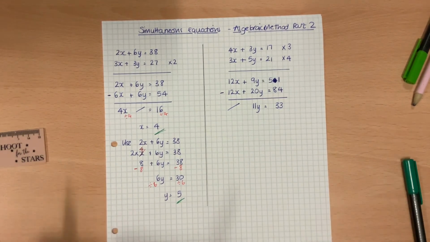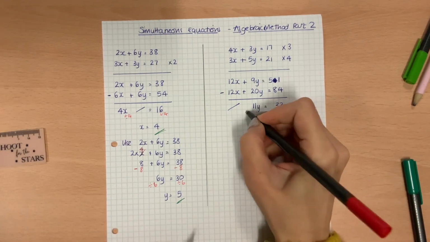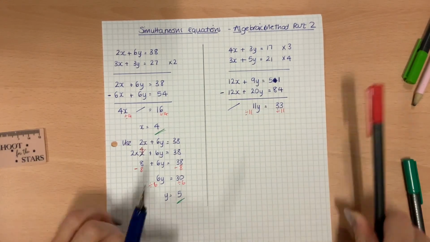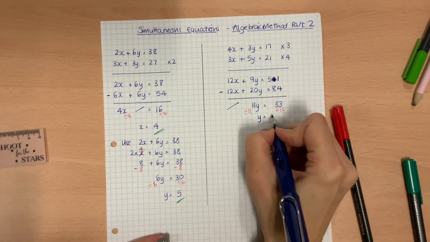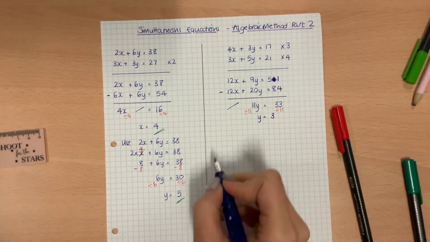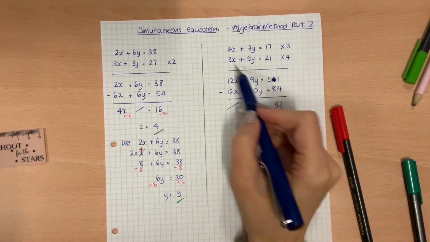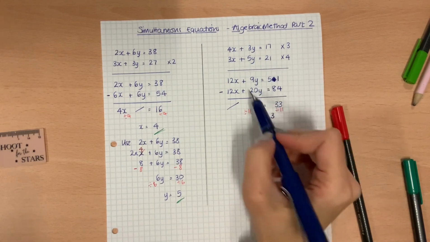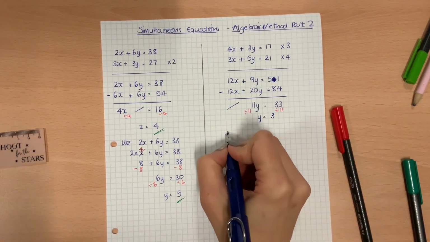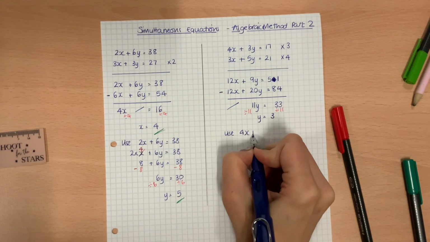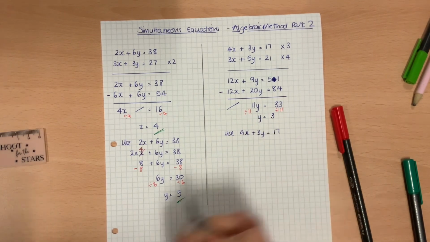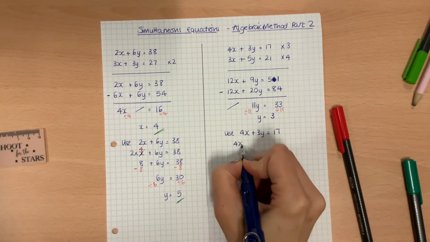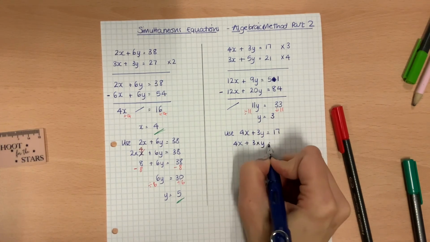Okay, so, sorry, let's carry on with this one then. So, divide each side by 11. So, y equals 3, okay? So now, like I said, use one of the first ones because you might have made a mistake changing these. So I'm going to use 4x plus 3y equals 17. So I've got 4x plus 3 times y is 17.